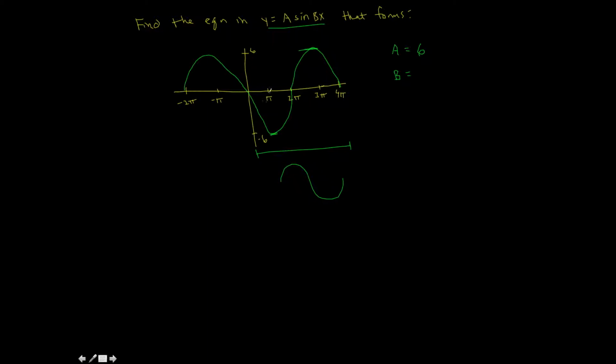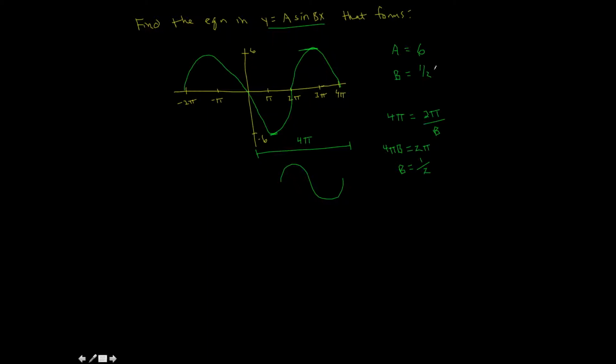So I know that my period here is 4 pi. Well, if my period is 4 pi, and a period is 2 pi over b, we'll cross multiply and divide. This is 4 pi times b equals 2 pi. So if you divide by 4 pi, you get b to be 1/2. So b is 1/2 on this particular problem.